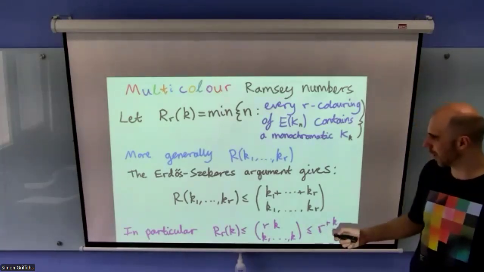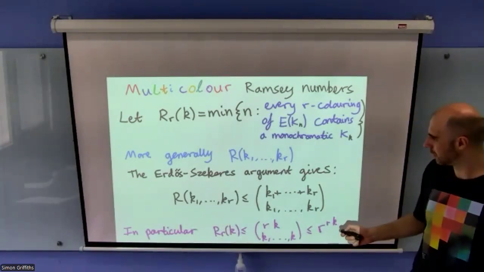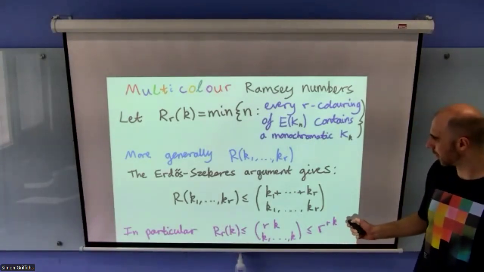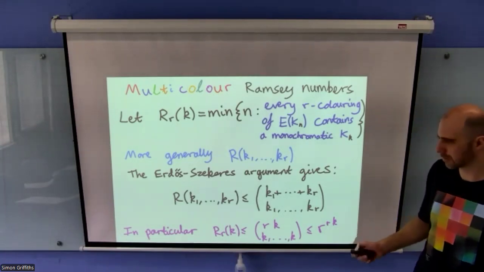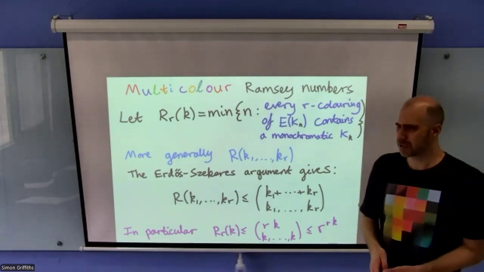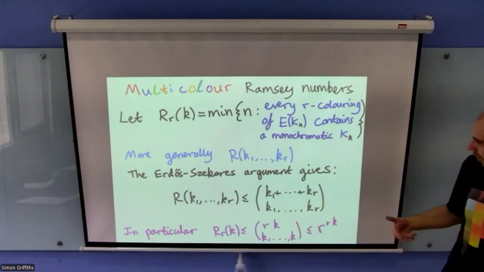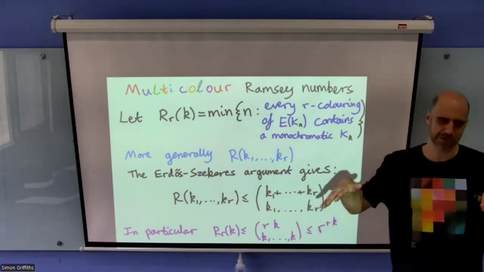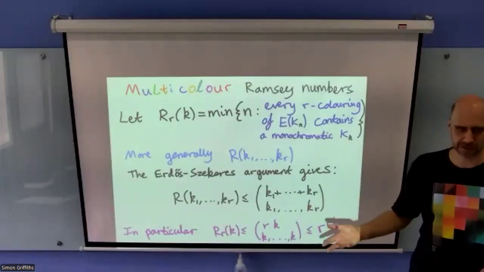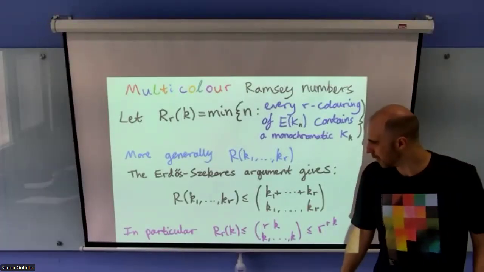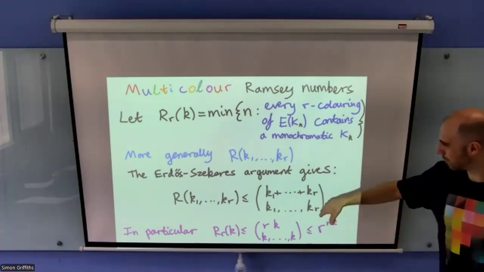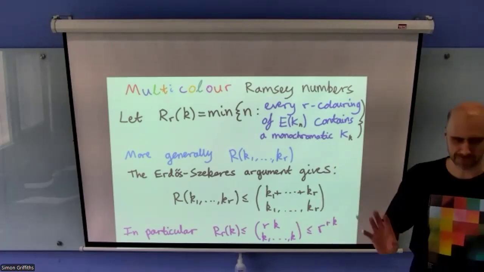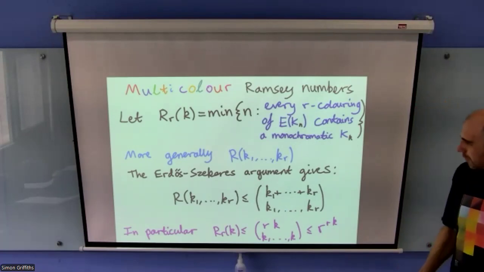So the Ramsey number of K1 up to KR is at most the multinomial coefficient of the sum of the Ks over all of those Ks, which is the same as the number of ways to divide a set of size K1 plus up to KR into R subsets of those respective sizes. Again, maybe you can have minus 1s on the bottom, but that's not really our focus.